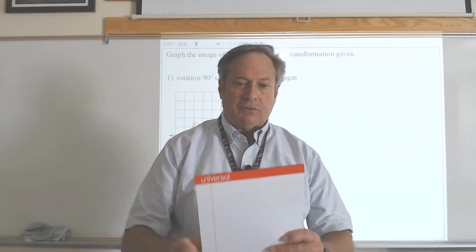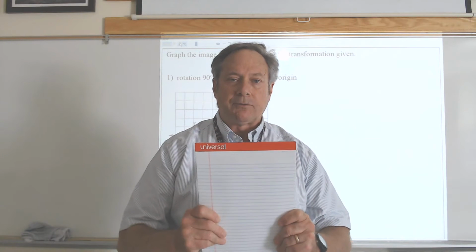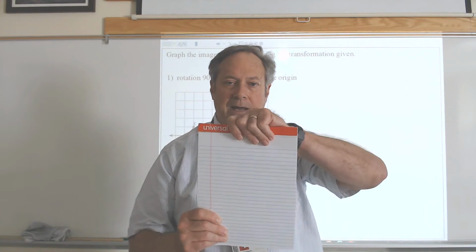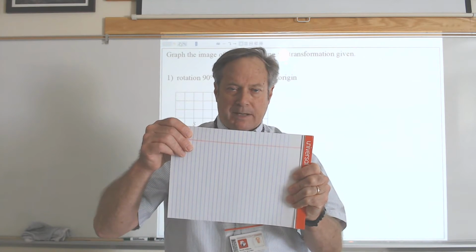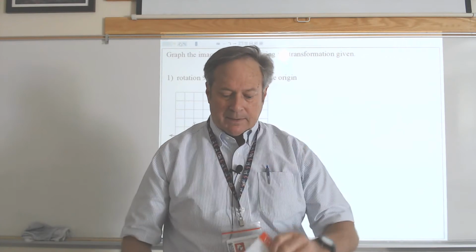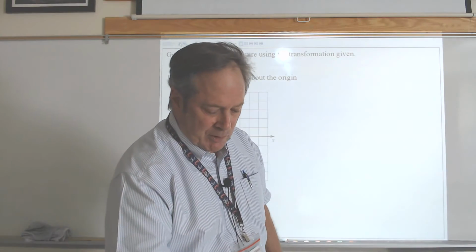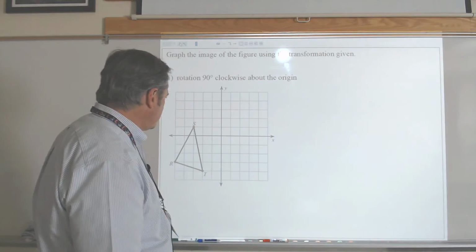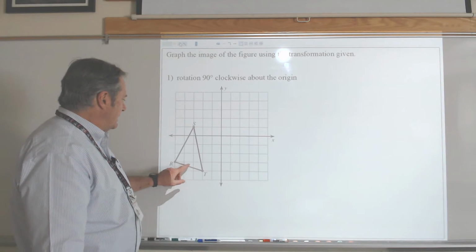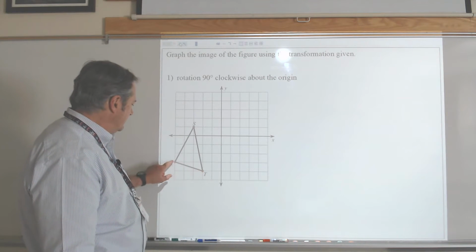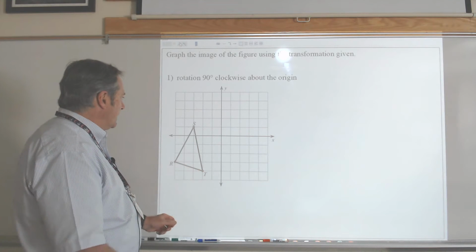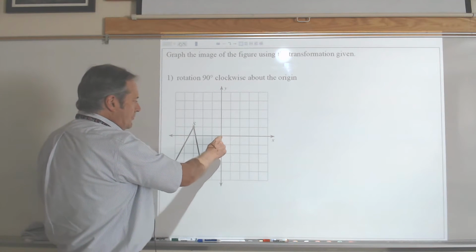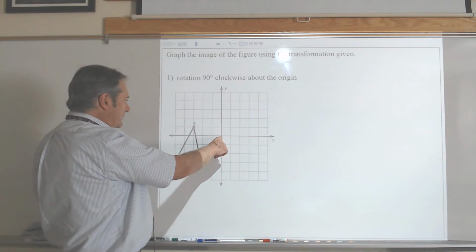Now, what I'm going to ask you to do on your notes is, if you're to do something clockwise, I literally want you to turn your paper clockwise. I can't do that with this board, so I'll do my best to show you what I mean. I want to take this triangle, RST, and I want to rotate it clockwise around that origin, that center point.